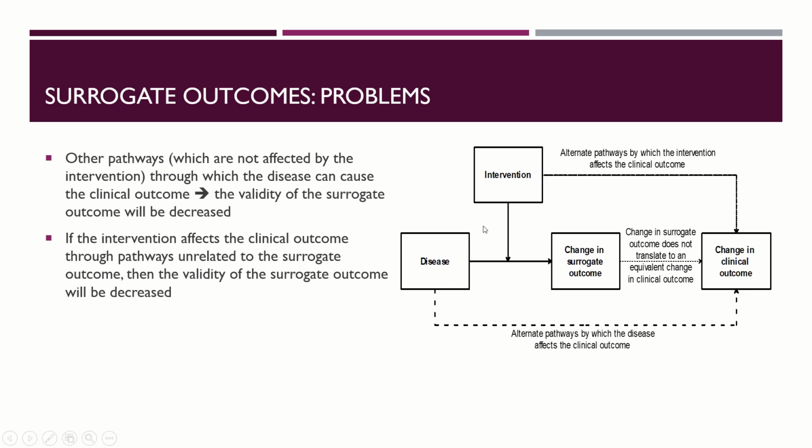The second situation is where the intervention affects the clinical outcome through pathways unrelated to the surrogate outcome, which means that it may result in some change in the surrogate outcome but it might affect the clinical outcome directly. So a change in the surrogate outcome does not necessarily relate to a change in the clinical outcome because the intervention has affected the clinical outcome in an alternate pathway.